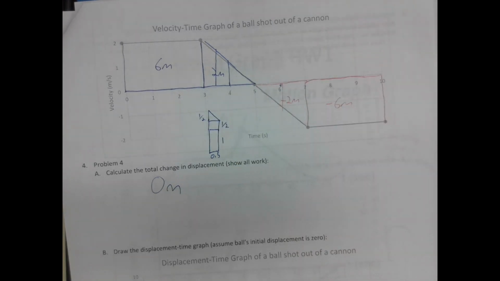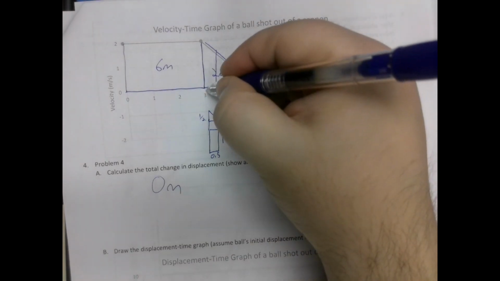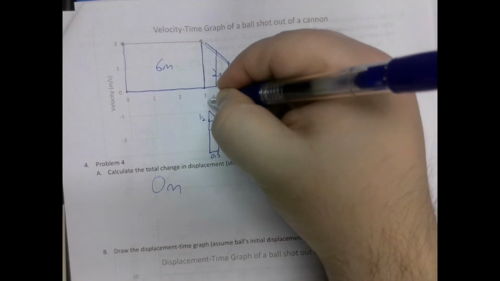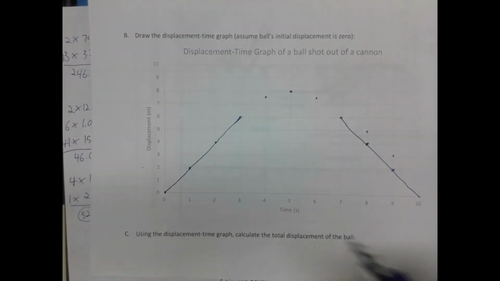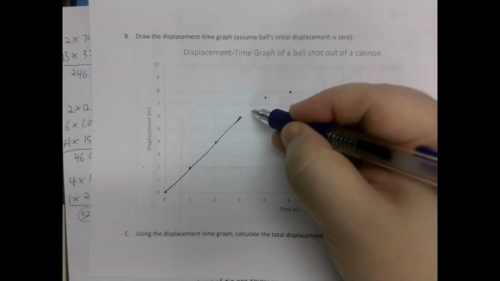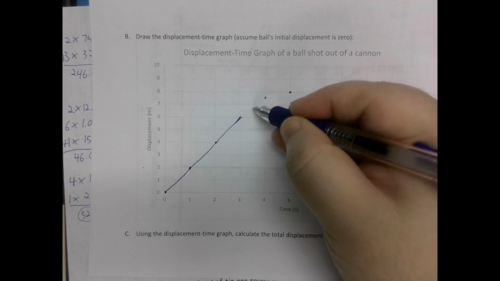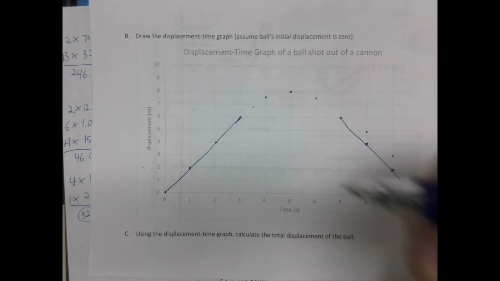We add that all up: 0.5 times 1 plus 0.5 times 0.5 plus a half times a half times a half. I get that between 3 and 3.5 seconds, the area should be 0.875. So between 3.5, I should go up about to right here.